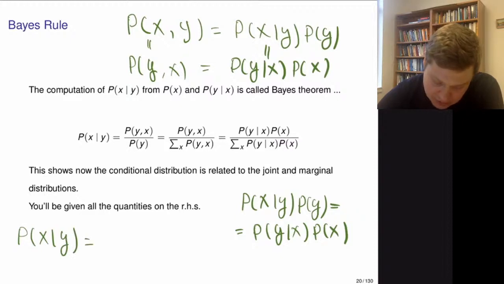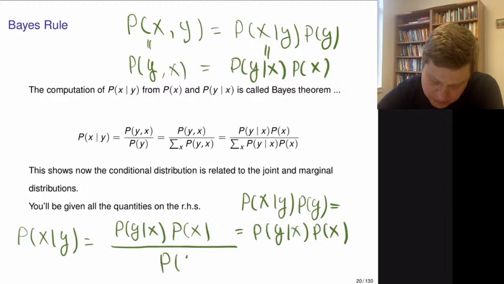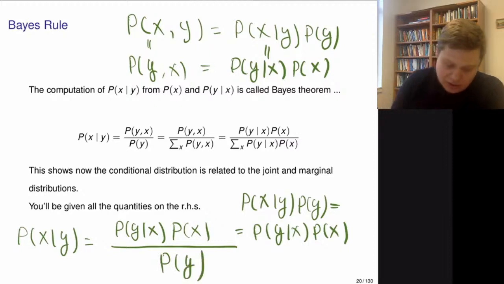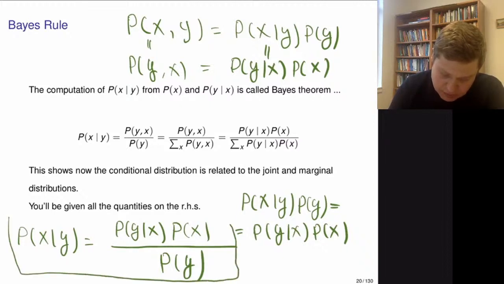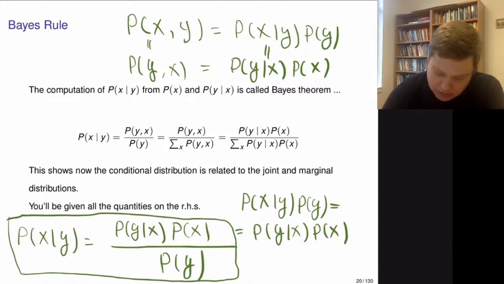And on the right hand side we have the probability of y given x times the probability of x divided by the probability of y. So again, this is just a simple rule of probability, but when it's written in this form, we call this specific relationship Bayes rule.